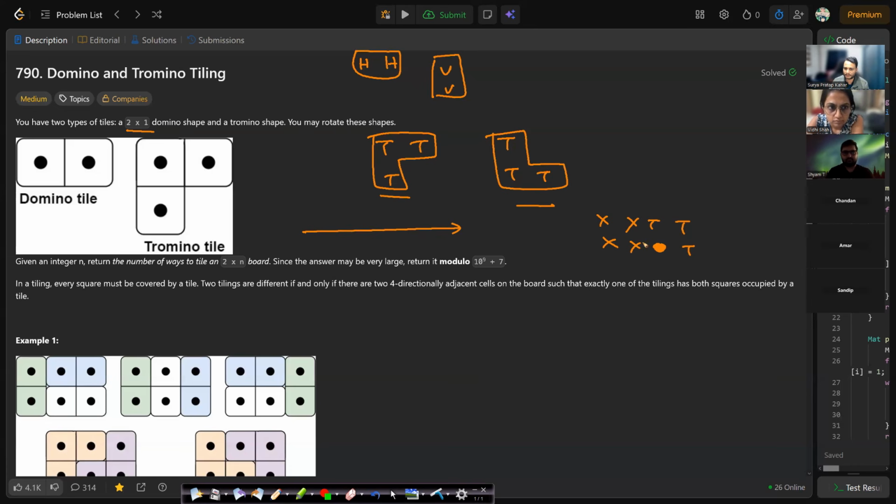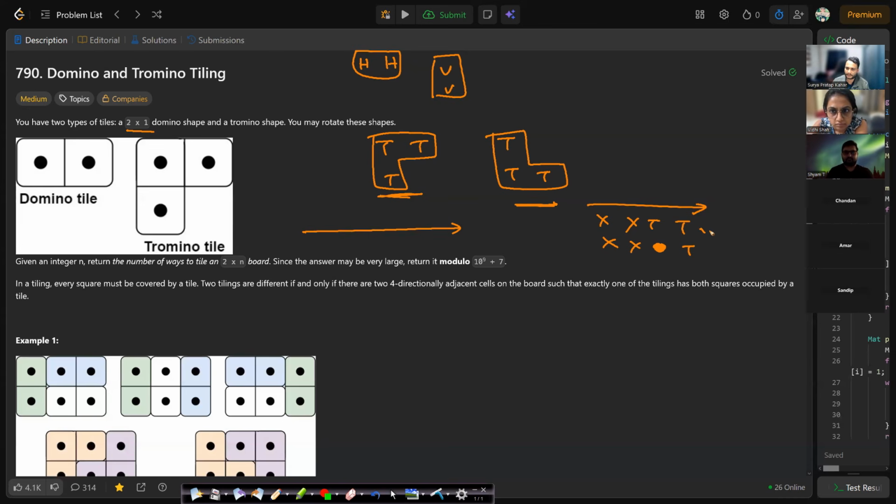So when I move from left to right, I will be using only these two Trominos. I will not be able to use other orientations. Otherwise, it will leave a gap in the middle, and there is no way you can fill a one-cell gap. And I can fill horizontals like this, or I can use the vertical orientations.